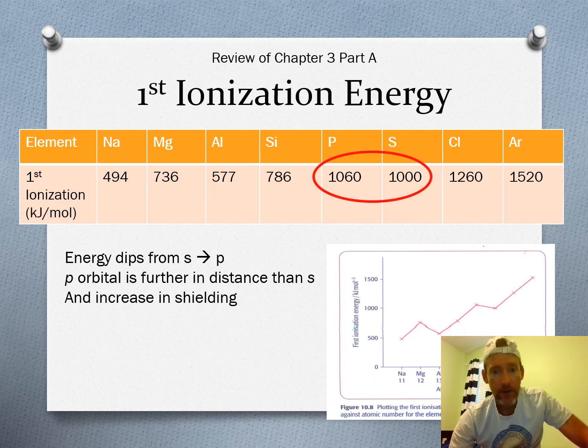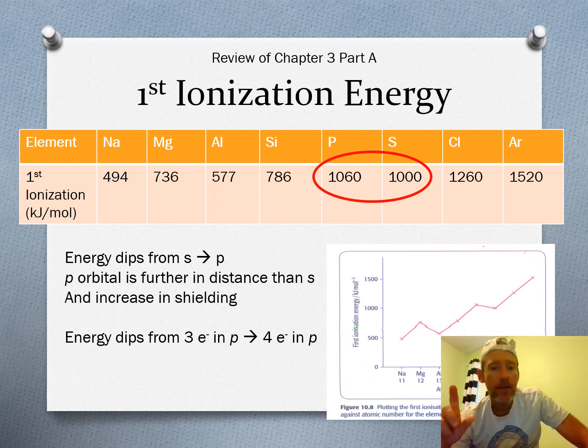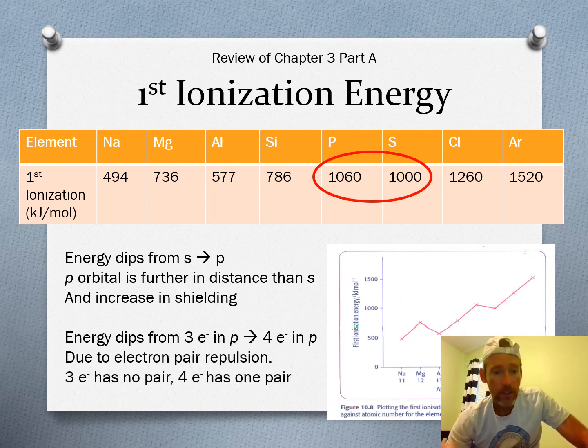Then you have the dip between 3p electrons and 4 electrons in the p orbitals. That is repulsion. Remember that sulfur has a pair of electrons in one of the p orbitals, so it has repulsion. Therefore, it's easier to remove.